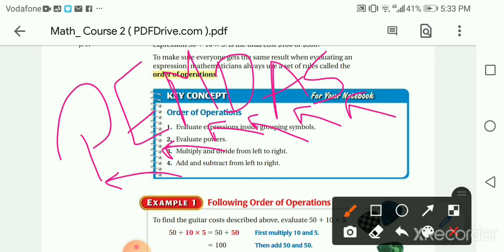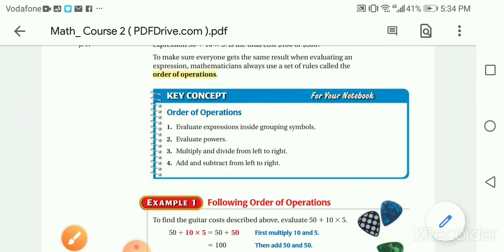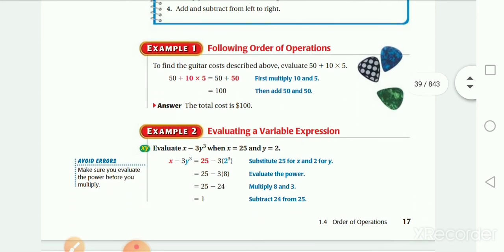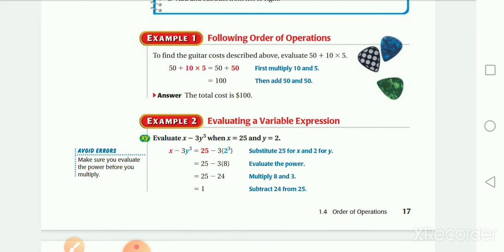M for multiplication, D for division, A for addition, S for subtraction. Okay, I will write it down again. Follow the order of operations. When I have an expression to solve, I have to follow the order of operations.